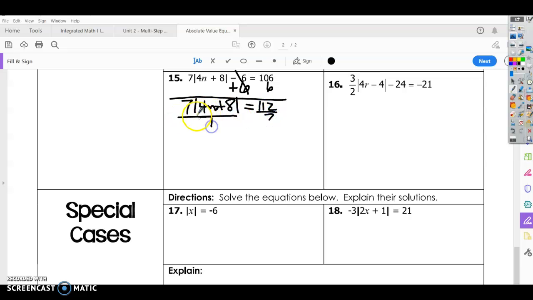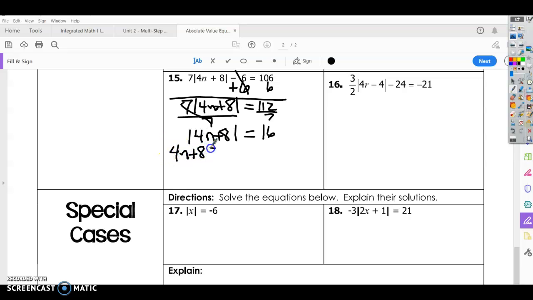Divide by the 7 because it's outside the absolute value there. 112 divided by 7 is 16. And I have the absolute value of 4n plus 8. Still an absolute value. Now that the absolute value is isolated, set up my two equations.